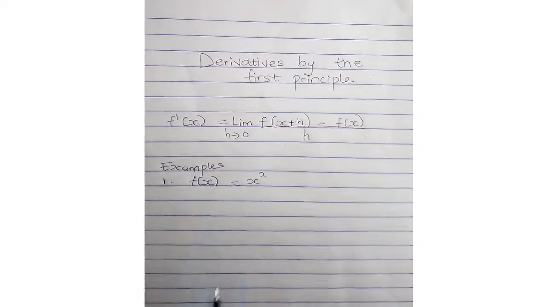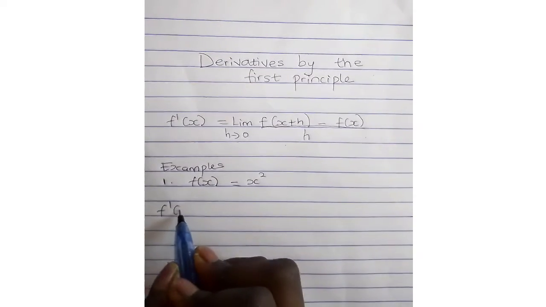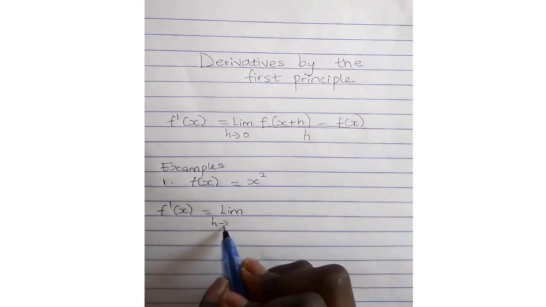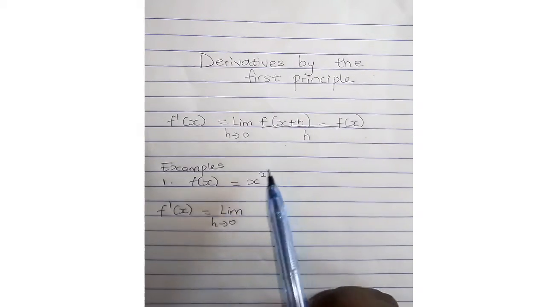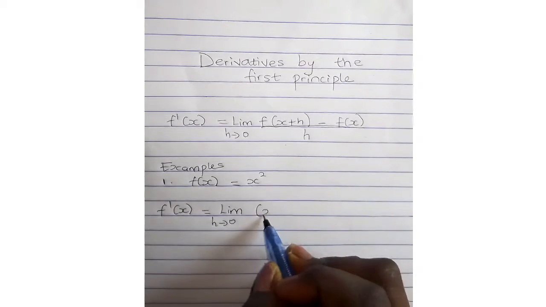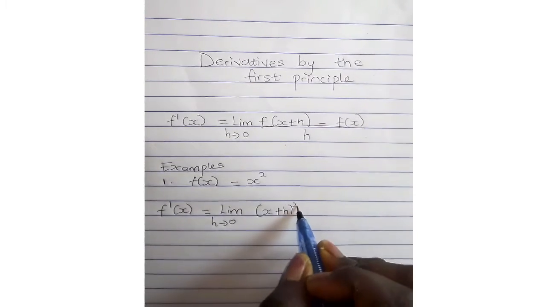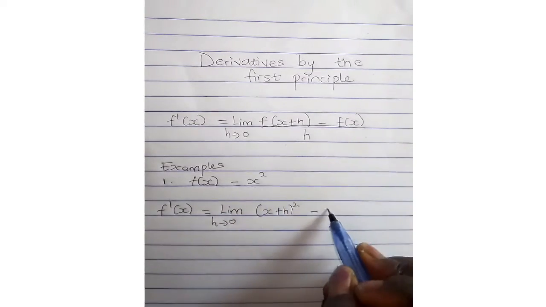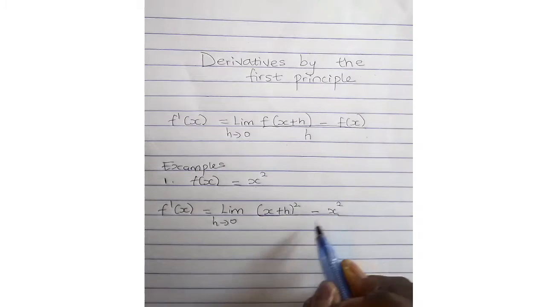So we can write this as f prime of x equal to the limit as h approaches 0. In place of x, we put x plus h. So this becomes (x + h) squared minus our f of x, which was given as x squared, all over h.